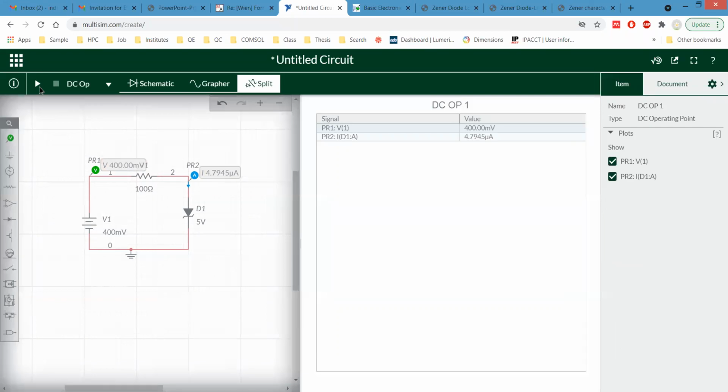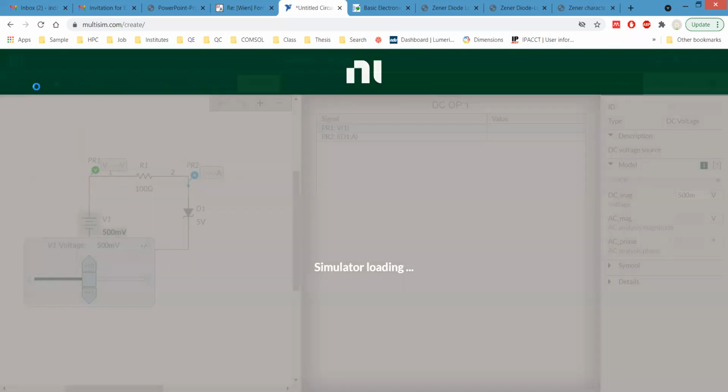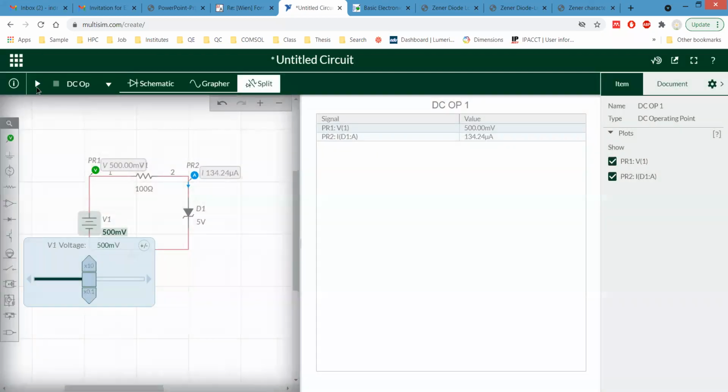Okay, in 400 millivolt, the current is 4.79 microampere. Okay, now for 500, yeah, for 500, it is 134 microampere.